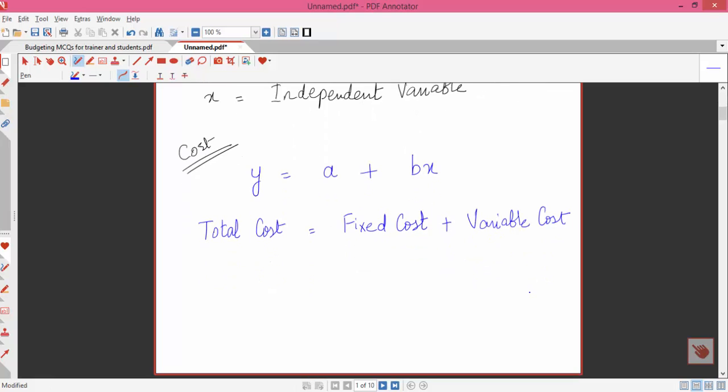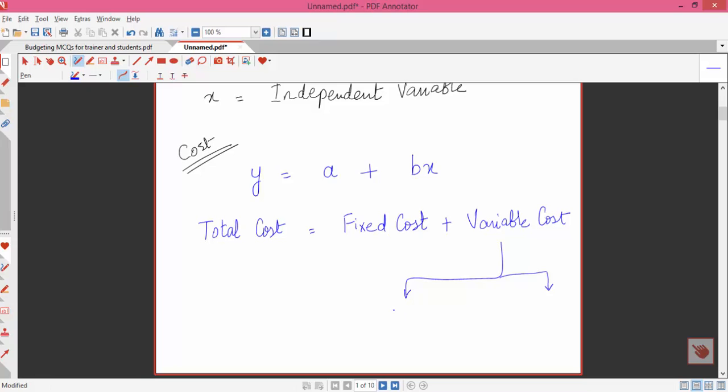As I told you before, there are two main types of costs, fixed cost and variable cost. Now fixed cost is fixed, it does not depend on the level of activity. But variable cost depends on the level of activity, right?